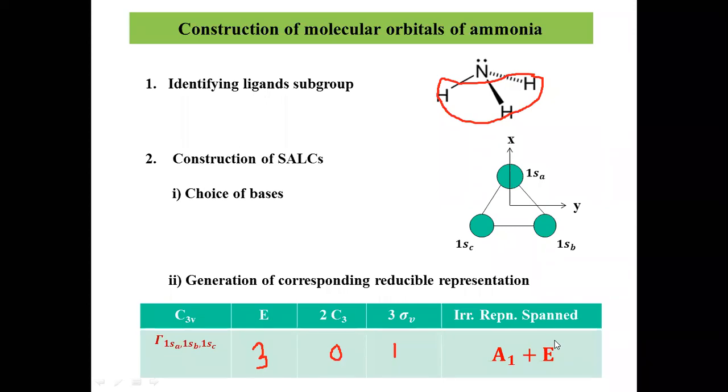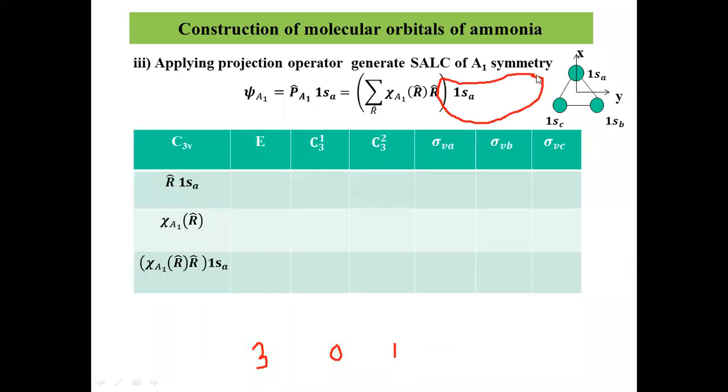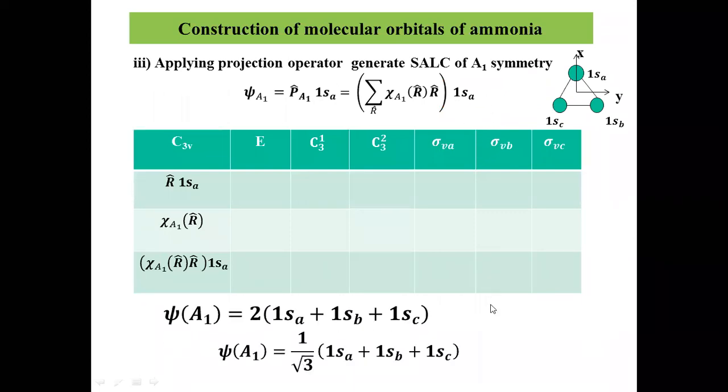This was the SALC for the A1 type. That is 1 by square root of 3, and then all the positive combination: 1s A plus 1s B plus 1s C. So that is the normalized SALC of A1 type.